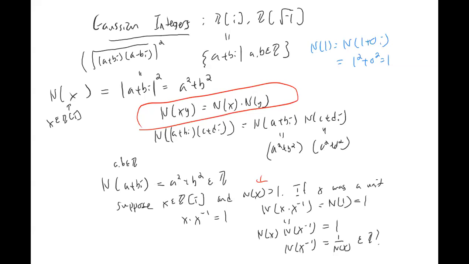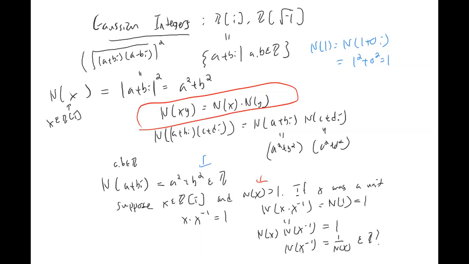It can't be in Z, because the norm of x is an integer bigger than 1. So the smallest it could be is 2, so it's like a half, a third, a fourth. So if your norm is bigger than 1, there is no inverse, because the inverse would have to have fractional norm, and we agreed that the norm must be in Z.